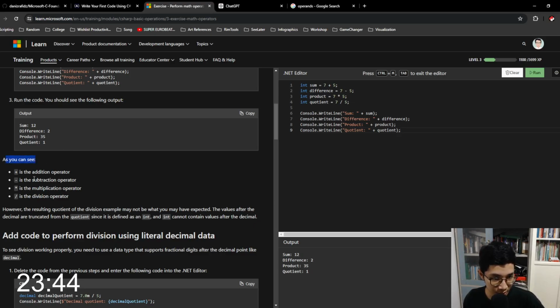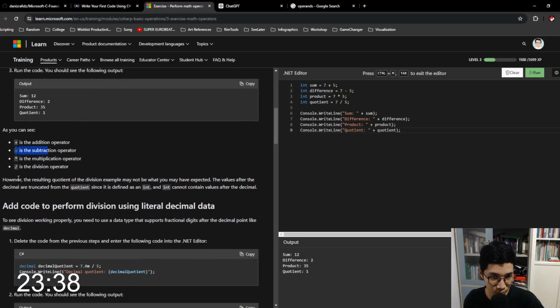Okay, as you can see, plus is addition, minus is the subtraction operator, multiplication is the multiplication operator, this one is the division operator. Remember the symbols, you have to memorize this, because I think you already memorized this since elementary school or even high school.